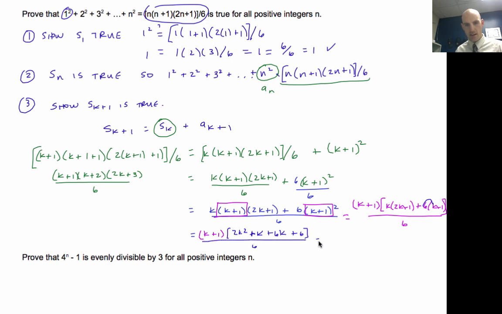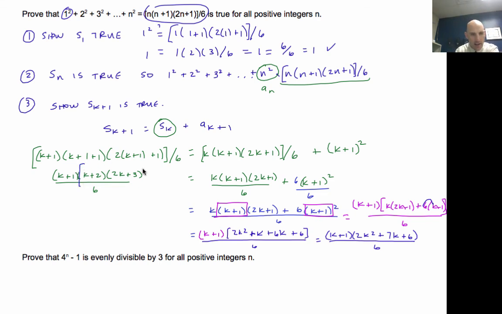Stay with me, this is just algebra. Well, this is k plus 1 times 2k squared plus 7k plus 6. Now, you may not know where we're going yet, but look, I'm trying to show that this side is equal to this other side. Look how close I am.